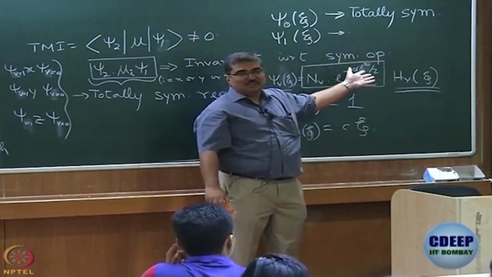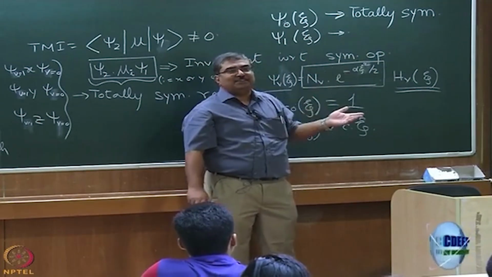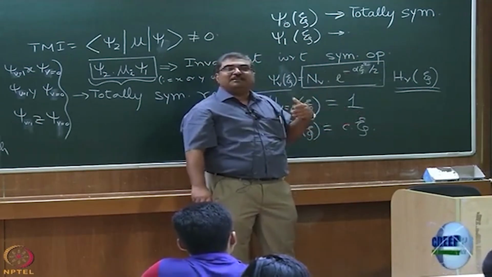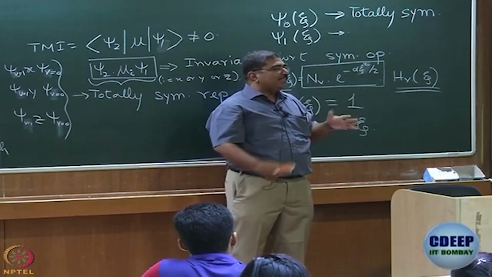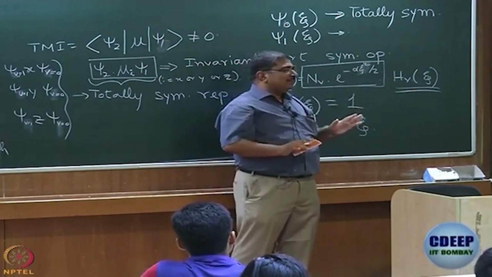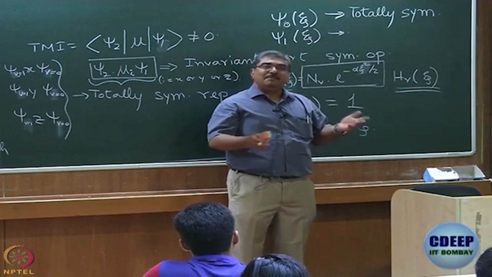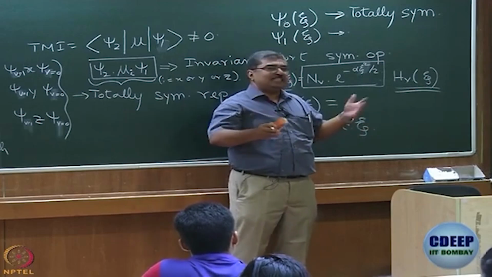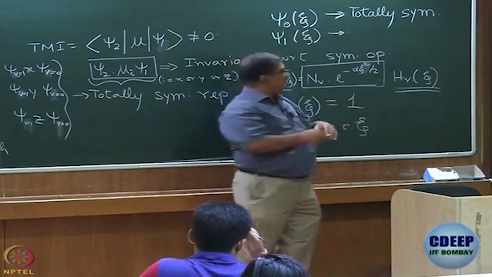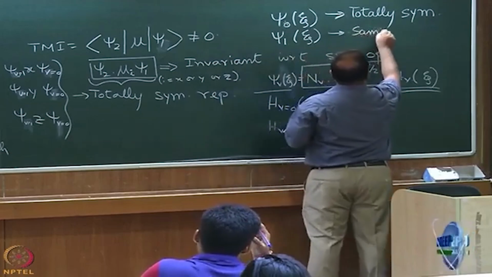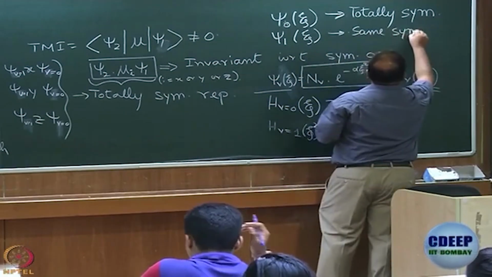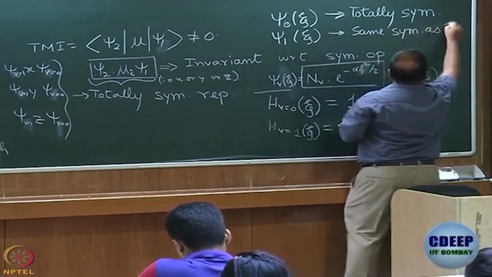That was the answer I was looking for. Whatever is the symmetry of xi, that is the symmetry of the v equal to 1 wave function. There is no specific answer. It may be totally symmetric, maybe e dashed, maybe e double dashed, whatever, I do not know. But at this point I can say same symmetry as xi.